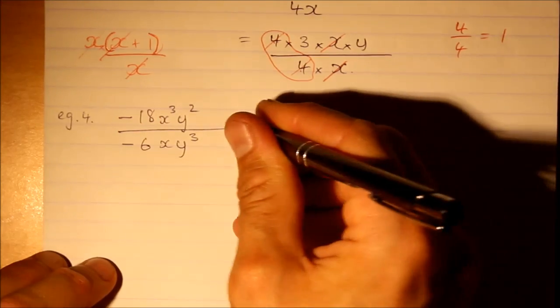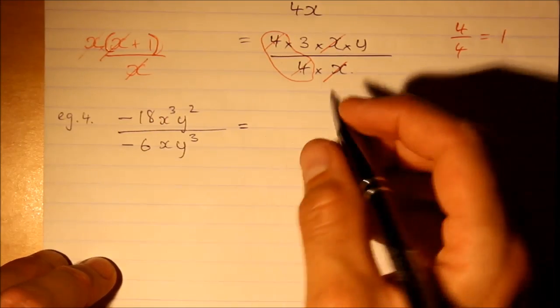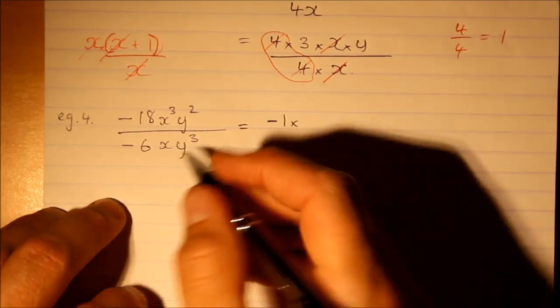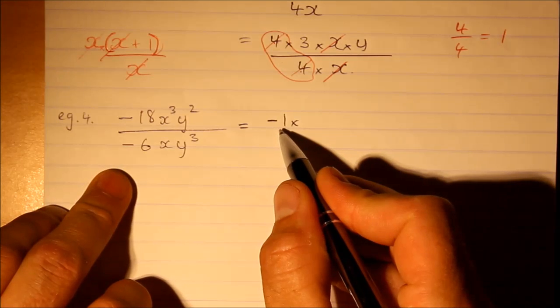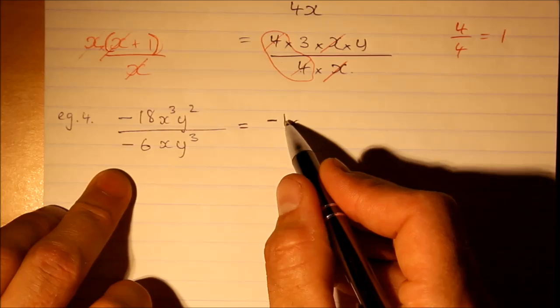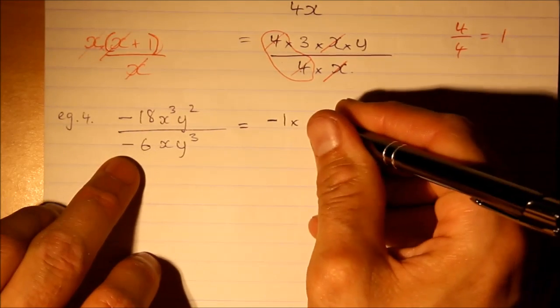Well, what do we do here? Again, I would factor it out. So 1 times, now when we've got a negative, if you put it out with a minus 1, you'll see what I mean.